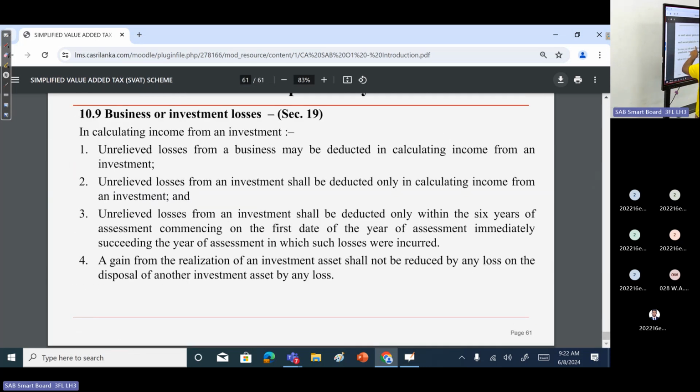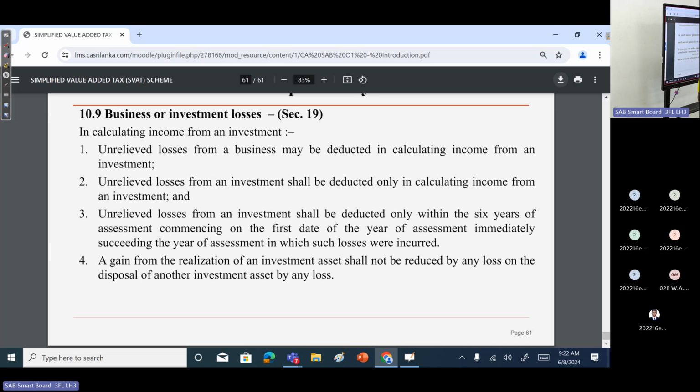The last area is, when we work on the business income or the investment income, we can deduct losses. So it says, if it is not a particular business, loss from any other business, we can deduct. Only unrelated loss, that means the particular loss for the year, we can deduct from the business income.